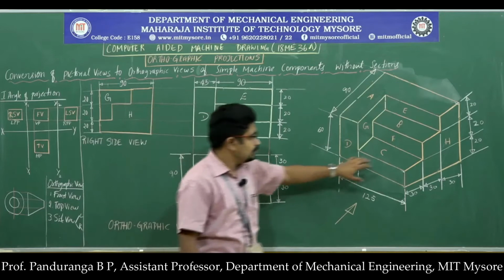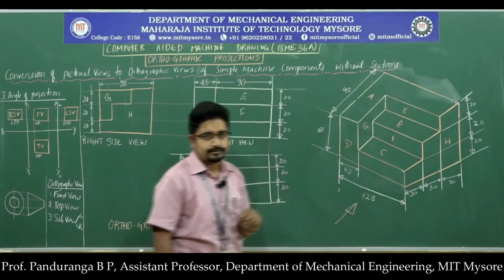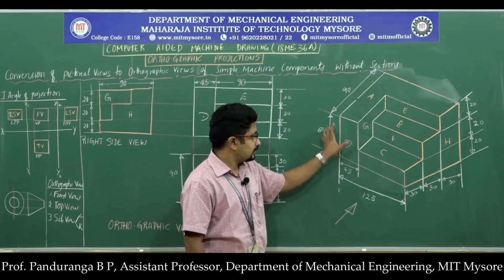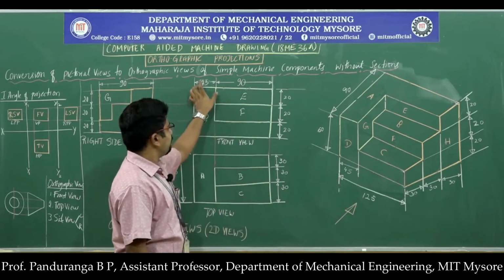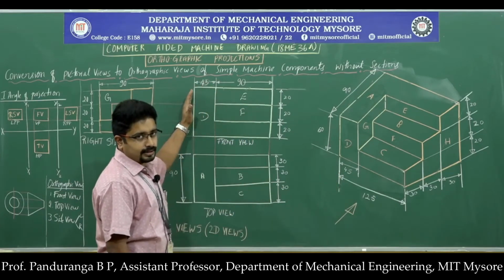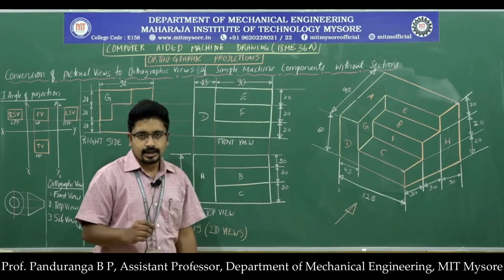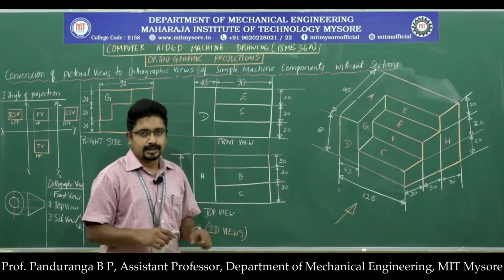Then now I need to draw surface E and F as well as D. So for that I will refer the diagram. So here this width is given as 45. So at a distance of 45 from the left end, I will draw a vertical line. I will start with thin lines. Once I determine all the visible boundaries, then I will darken them.